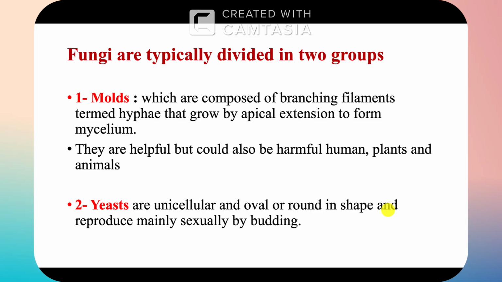And then the molds are multicellular and reproduced sexually and asexually in general. The main thing is that molds are multicellular and produce a lot of pigments, and the spores and the pigments which they produce are toxic, of course.